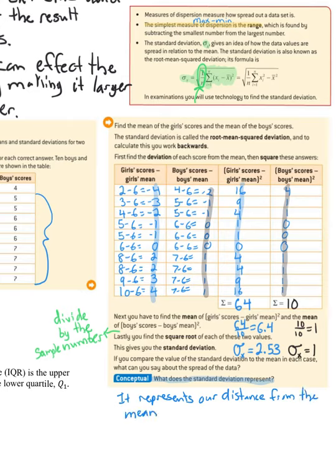And a larger standard deviation, okay, I had it written down last night, so it would give us a good definition. A larger standard deviation or a high standard deviation means the numbers are more spread out.